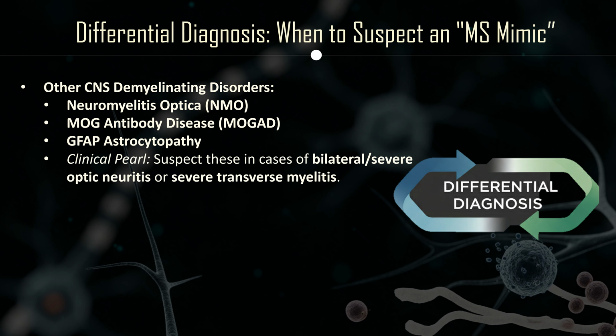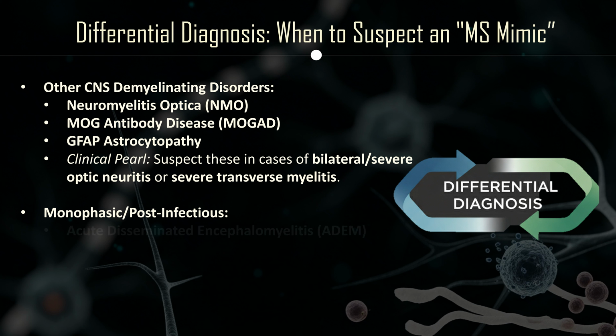A key clinical pearl here is to suspect these conditions in cases of bilateral or severe optic neuritis or particularly severe transverse myelitis, as these presentations are more typical of NMO or MOGAD than classical MS.